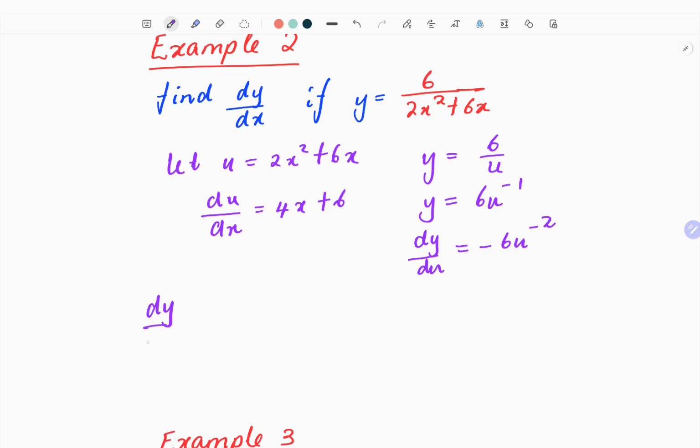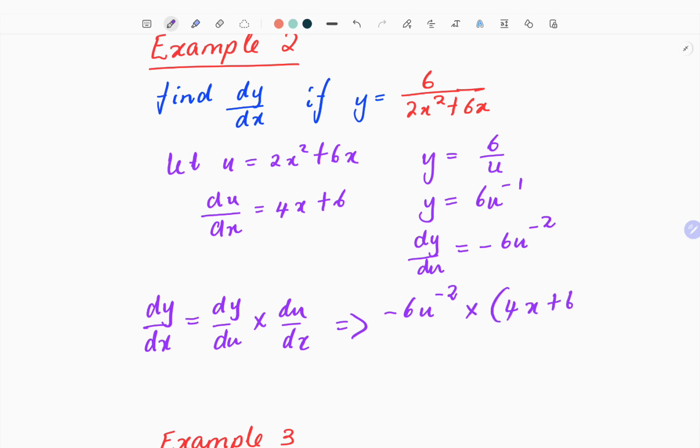Then dy/dx will be equal to dy/du multiplied by du/dx.